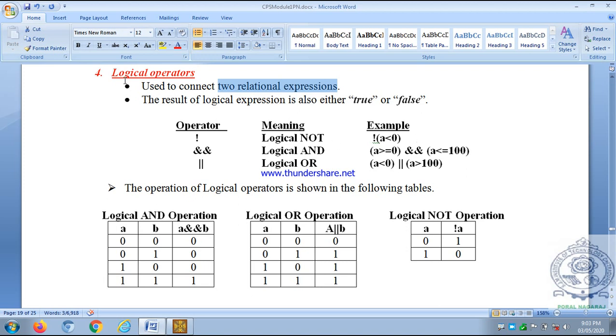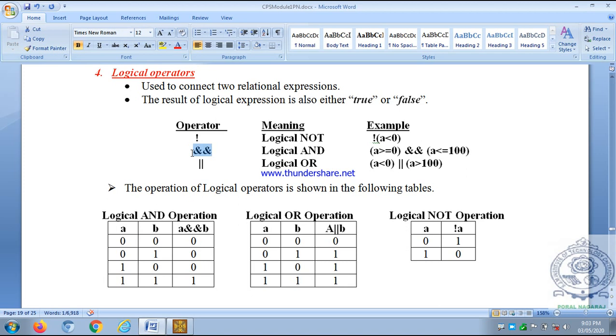Let us see what the logical operators are. There are three logical operators in C language. An exclamation mark is called logical NOT, a double ampersand is called logical AND, and a double vertical bar is called logical OR.